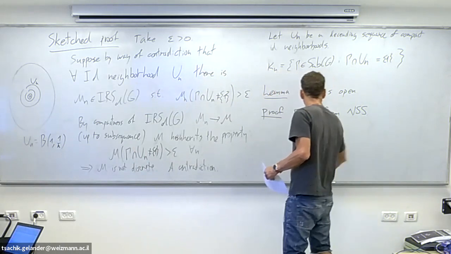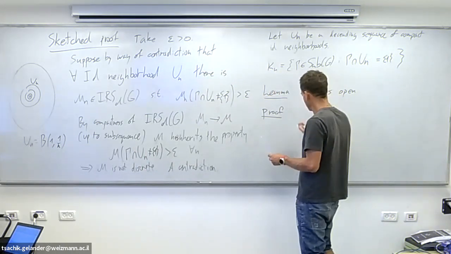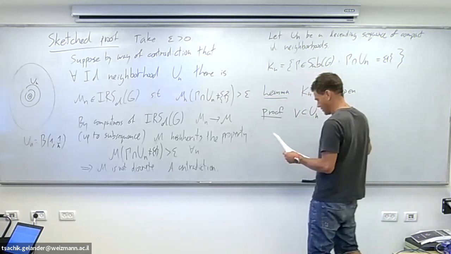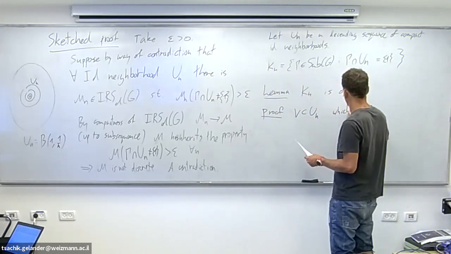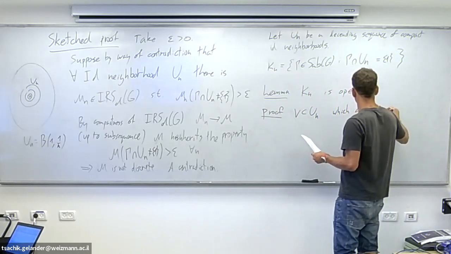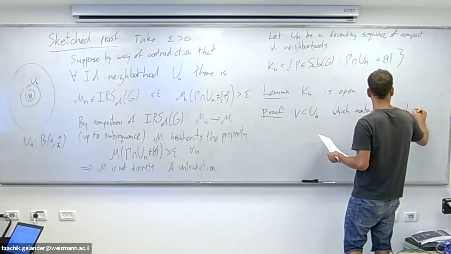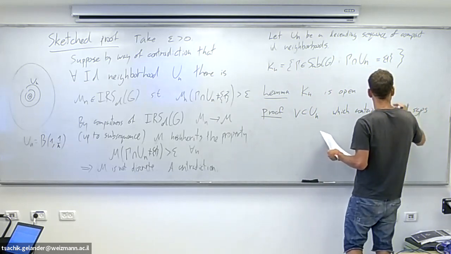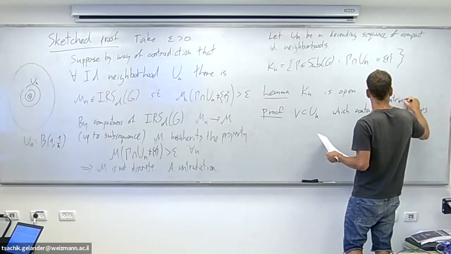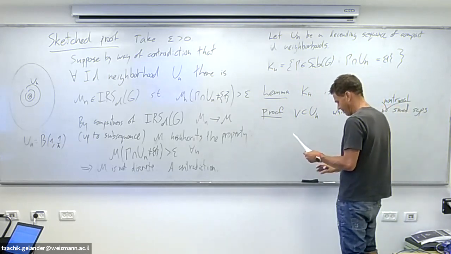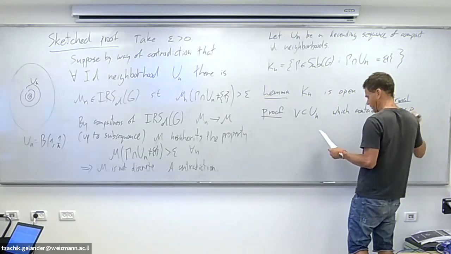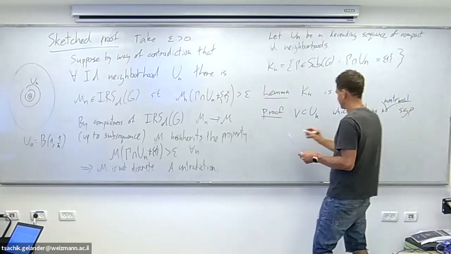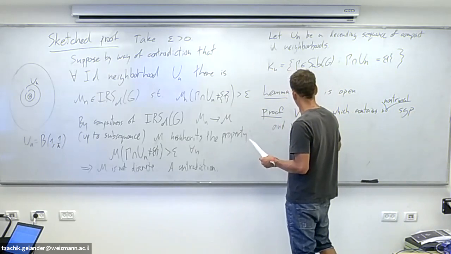Proof. Pick V inside UN which contains no non-trivial subgroup, and V squared is also in UN.